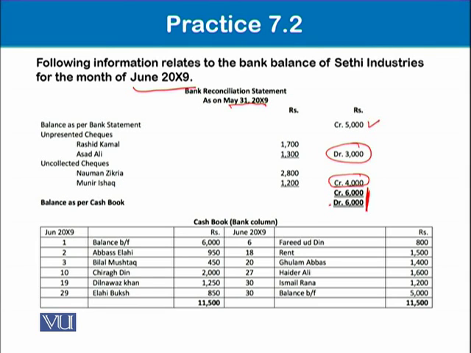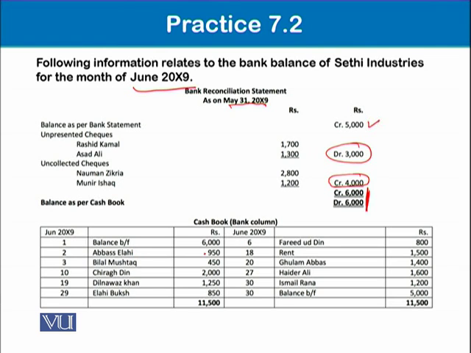So that debit balance on 31st May 2009 would be the debit balance on 1st of June 2009, appearing on the debit side. And now we have the cash book with us. This is the detail of the cash book.